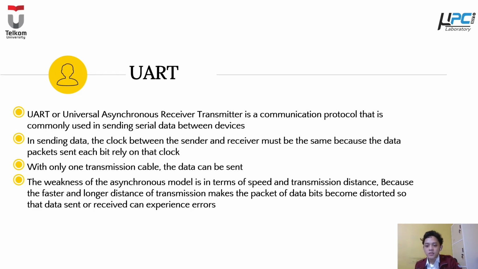With only one transmission cable, the data can be sent. But the weakness of the asynchronous model is in terms of speed and transmission distance, because a faster speed and longer distance of transmission make the data bits become distorted, so the data sent or received can experience errors.